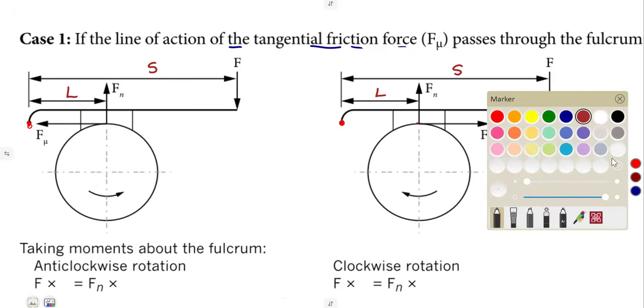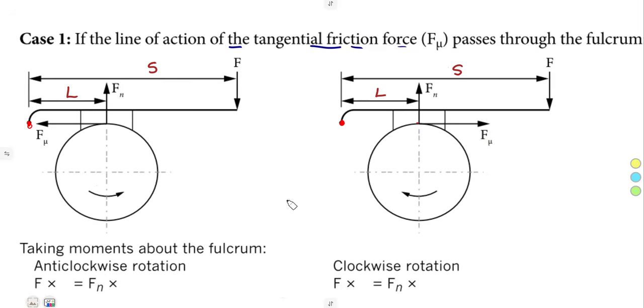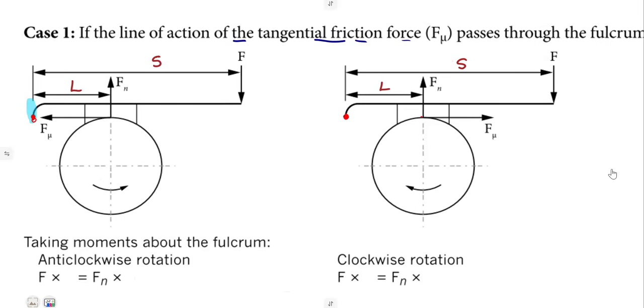You take your moments about the fulcrum, about the pivot point. Taking our moments about this, we're going to consider the sum of anti-clockwise and the sum of clockwise moments, depending on what you have.